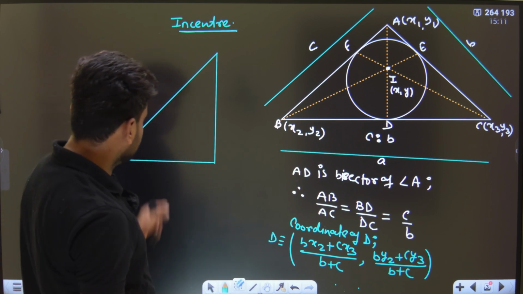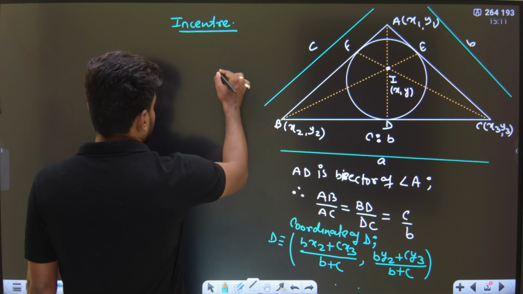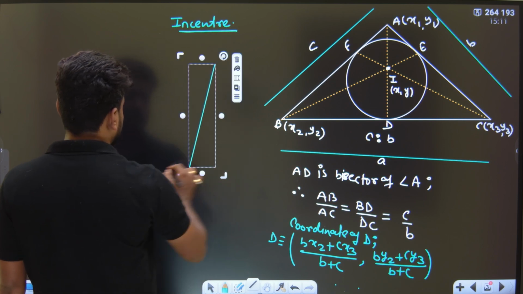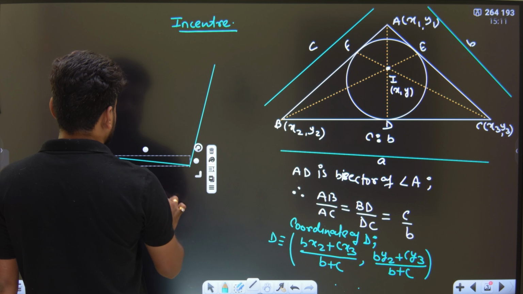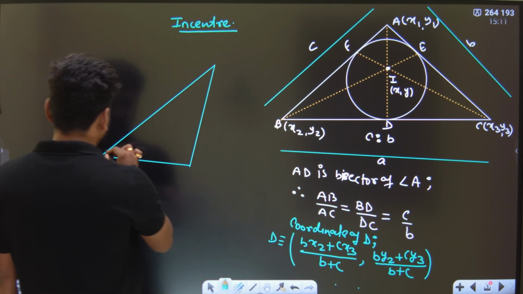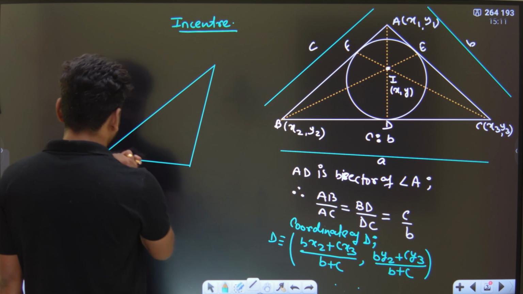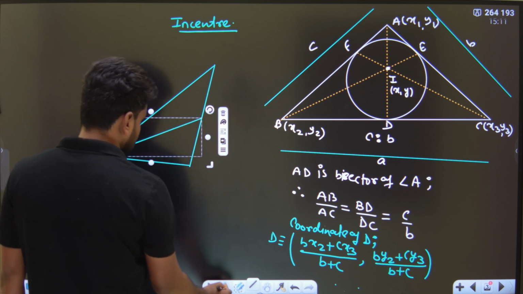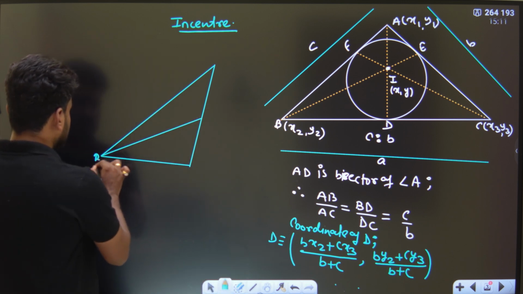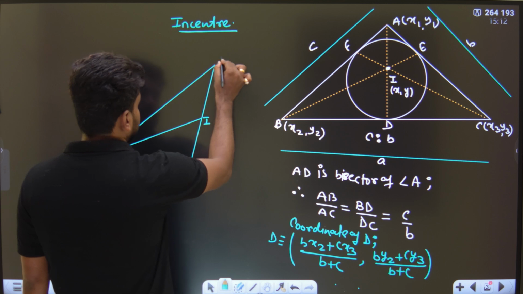It is looking like a right angle triangle, but it is not. I will make it like this. Here it was BI, and this was your D, and this was your A.